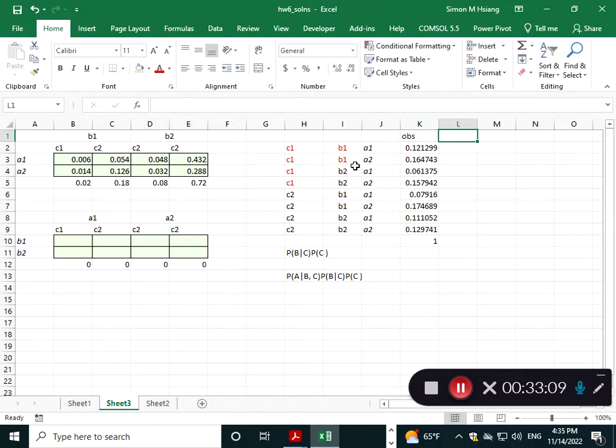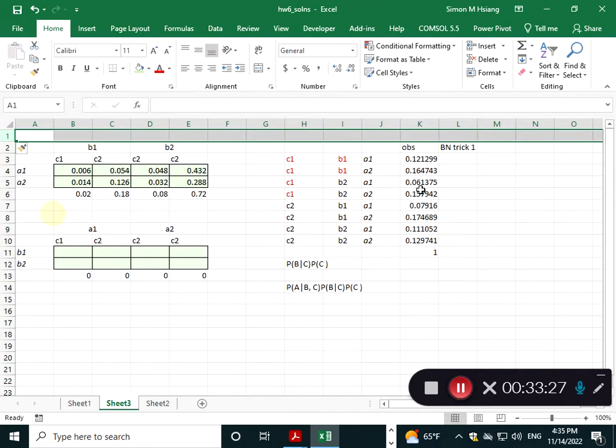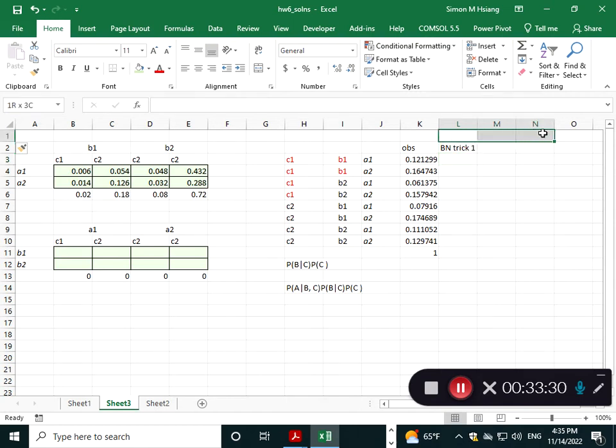Okay, here we're just saying some Bayesian network tricks, or dirty tricks. Okay, and I have dirty trick 1, and let me insert 1. Let's just say that I have 4 different dirty tricks to model this.